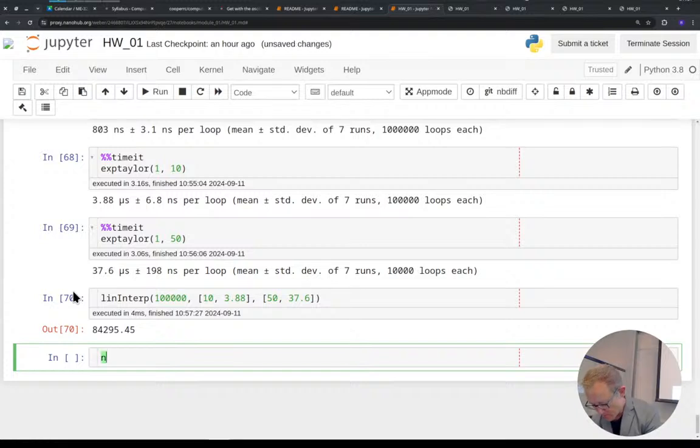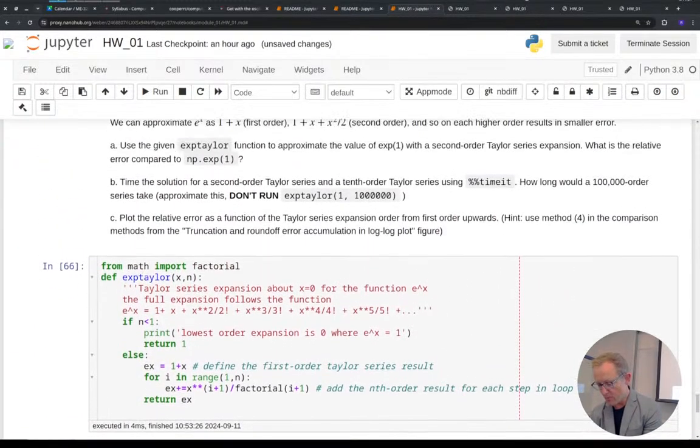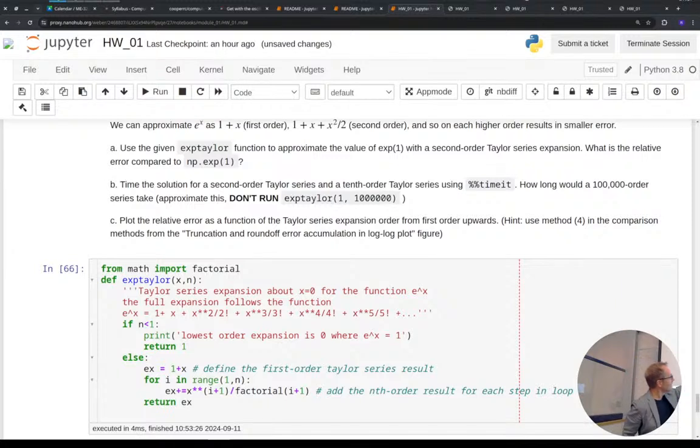All right, so for the next part, we want to change n. Really, it doesn't matter what x is. We're just looking at truncation error. I said e to the 1. You could do e to the 20 if you want, but there's going to be the same kind of convergence rate, that the more terms you add, the more you converge to whatever that e to the x is.